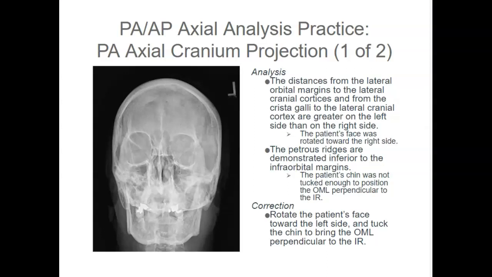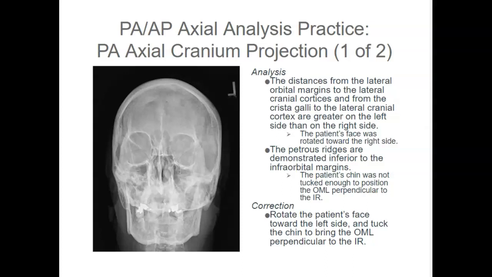So let's take a look at our first practice analysis, the PA axial cranium projection. They could have collimated a little here, but again, we are here for the anatomical misalignments. So first things first, we're going to look for rotation.